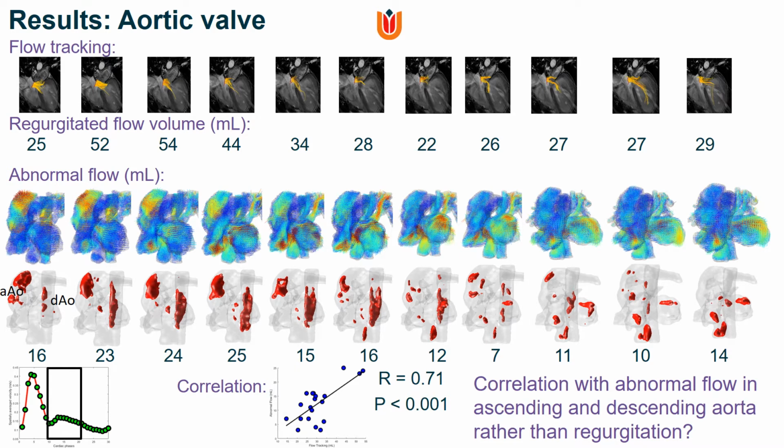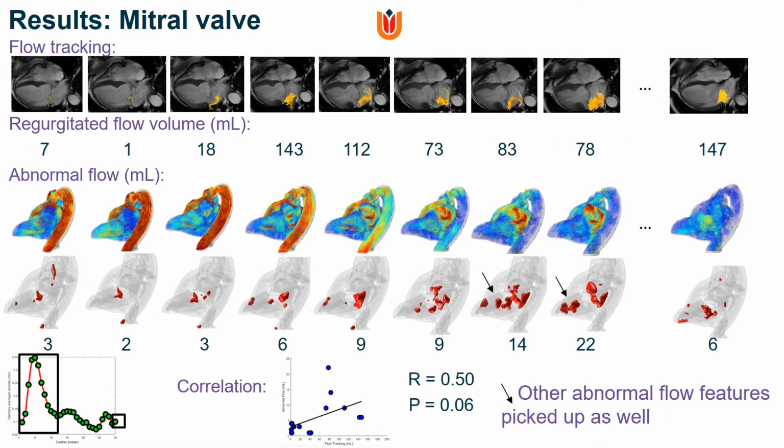Here is an example of abnormal aortic flow, and we found a good correlation with flow tracking. However, it seems that abnormal flow in the ascending and descending aorta rather than the regurgitated flow is detected here. The last example shows mitral regurgitation, which did not correlate with flow tracking since the algorithm picks up abnormal flow in other locations as well, mainly in the left ventricle.